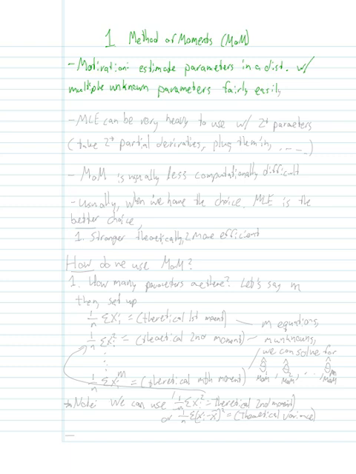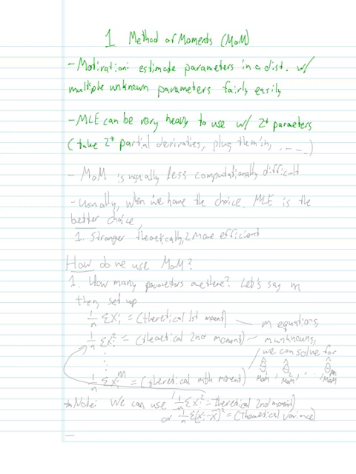I did a series of videos on MLE, and we did, for example, the normal distribution with both parameters unknown. And I mean, it wasn't impossible, but it was fairly computationally heavy, which is to say MLE can be very heavy to use with 2+ parameters.